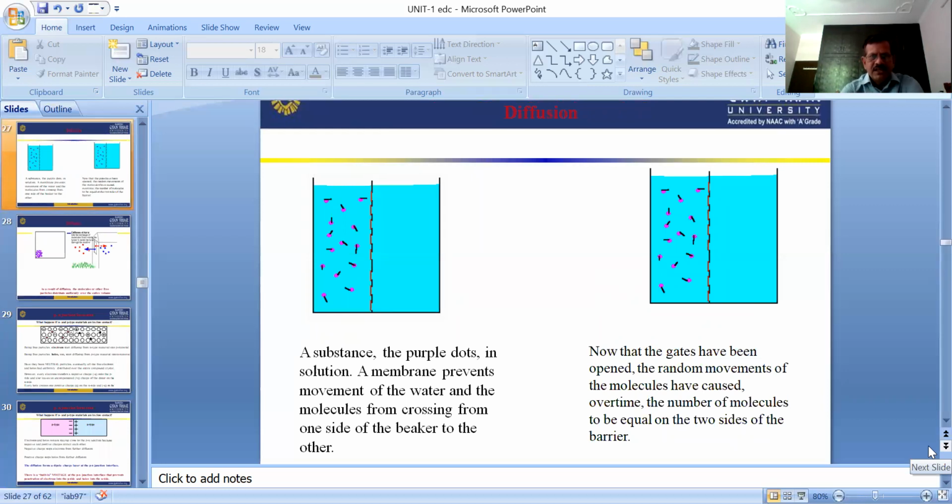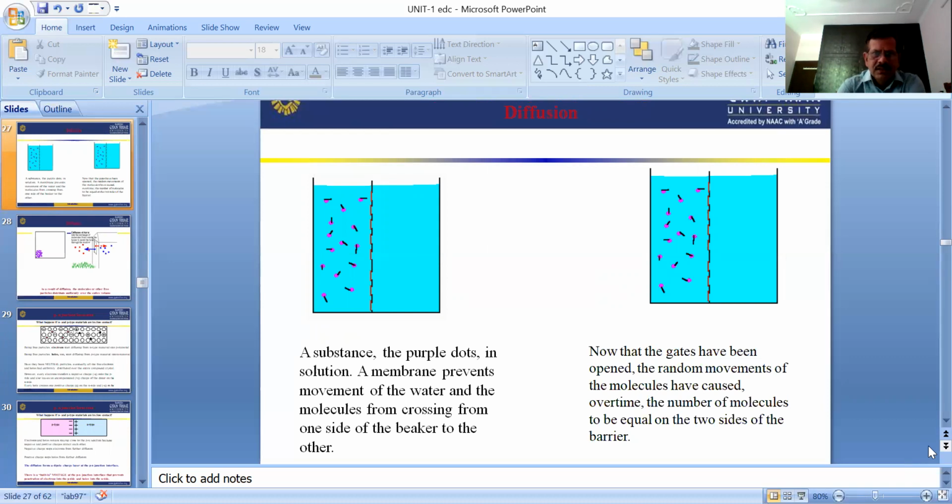Here, in a solution with purple dots, a membrane prevents movement of the water and the molecules from crossing from one side of the beaker to the other.